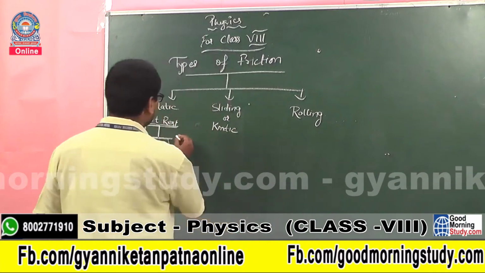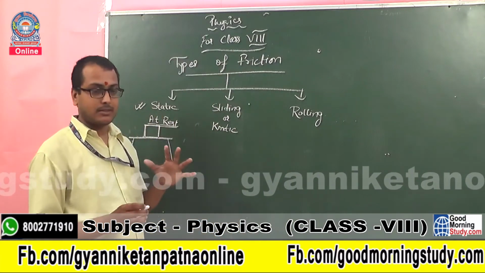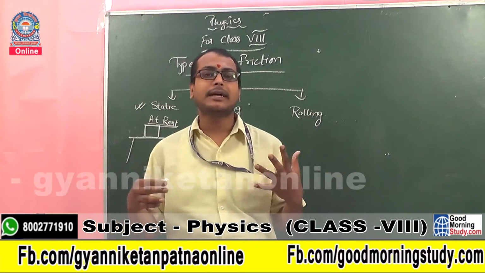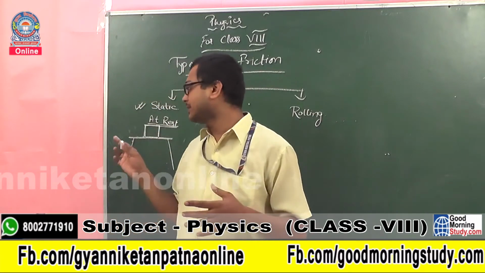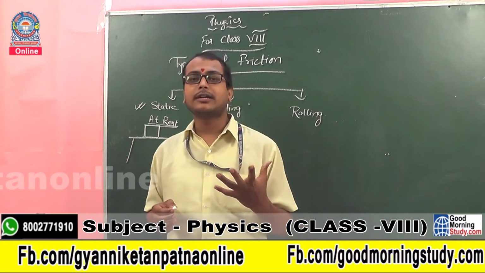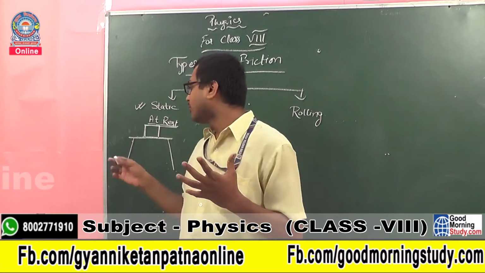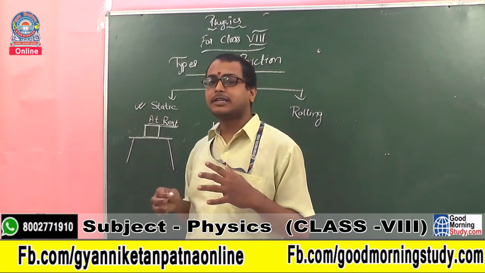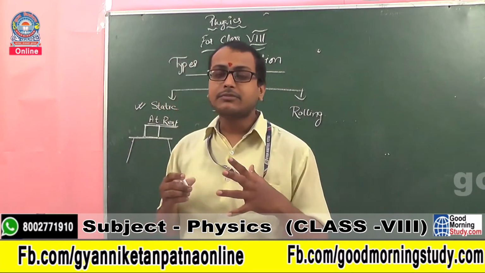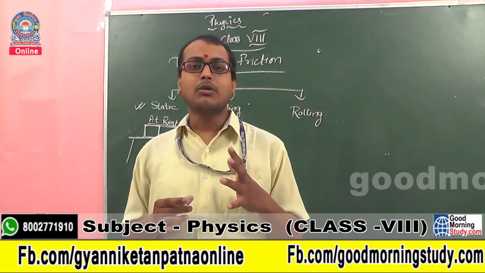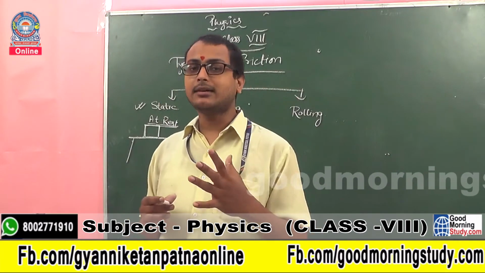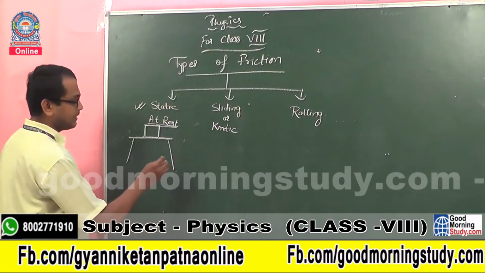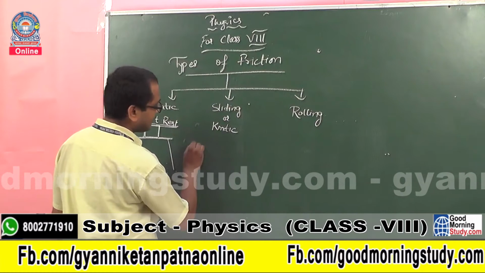Now start tilting the object. Here it is a horizontal table, and it is difficult to find the direction of static friction force in this situation. How can you find the direction of static friction force between a block and a horizontal table? It is very difficult. So now you will start tilting the table for some inclination.